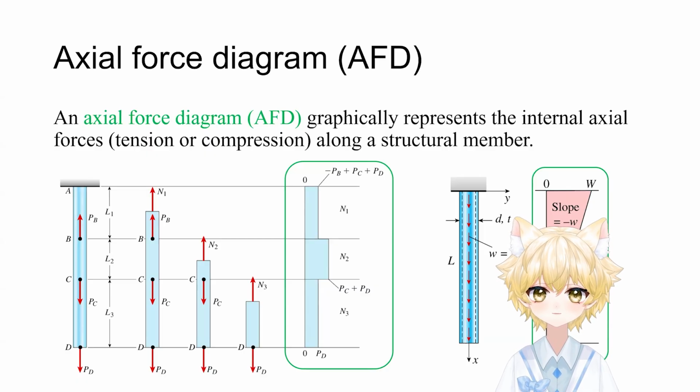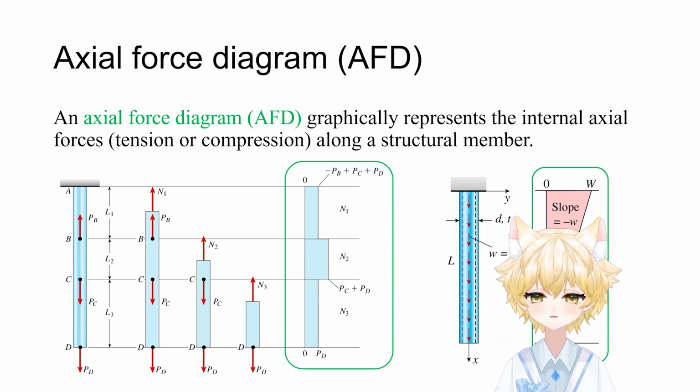This leads us to the axial force diagram, or sometimes we say AFD. An AFD is simply a graph that plots the internal axial force, whether it's in tension or compression, just by a plus or a minus sign along the entire length of the member.